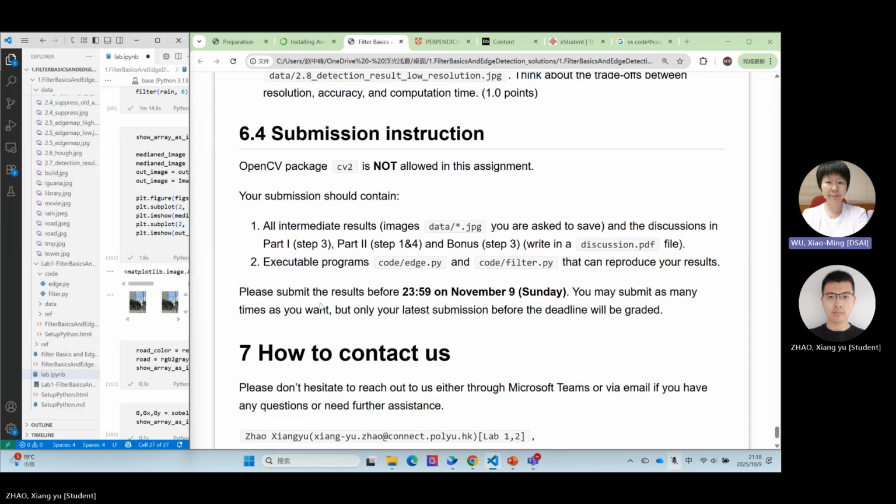You need to submit the results before the November deadline. You have 1 month to finish your homework. You may submit as many times as you want, but only the last submission before the deadline will be graded. If you exceed the deadline, you may not get all the scores.